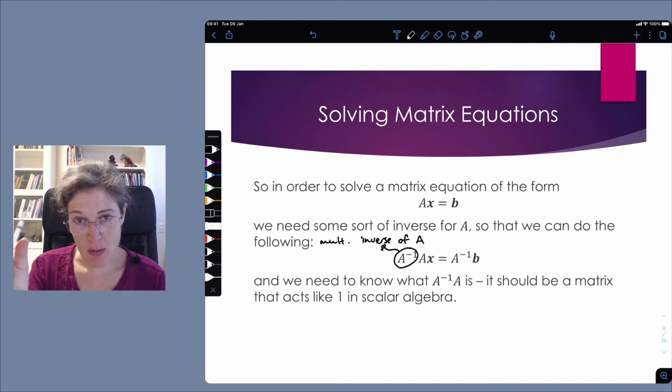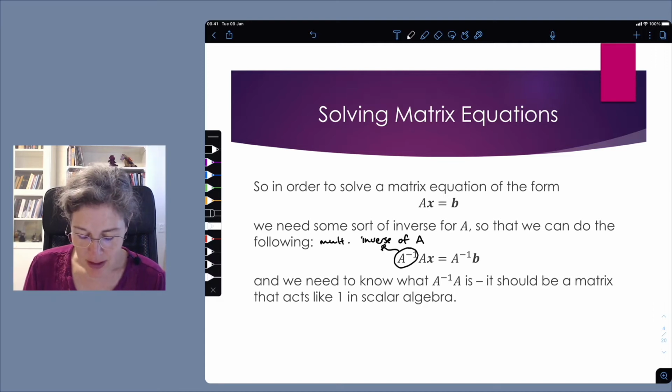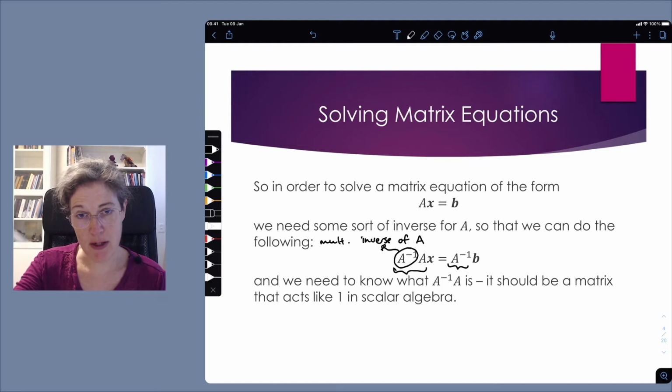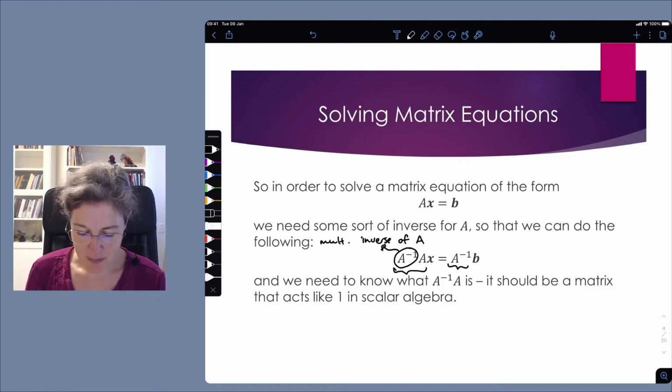But because I'm going to multiply on both sides, I have A inverse times A on the left, and on the right I have A inverse times the constants, because I've multiplied both sides by the inverse. And then hopefully we need this thing to be equal to some kind of 1, and I'm going to put a little arrow over it because obviously it's going to be a matrix, not a scalar. So we want to end up with something that looks like this.